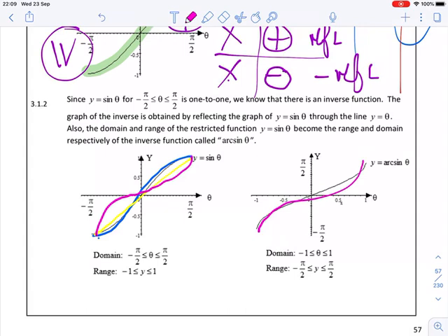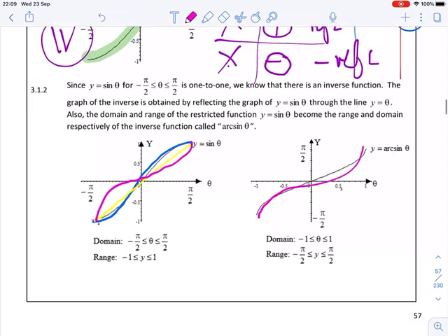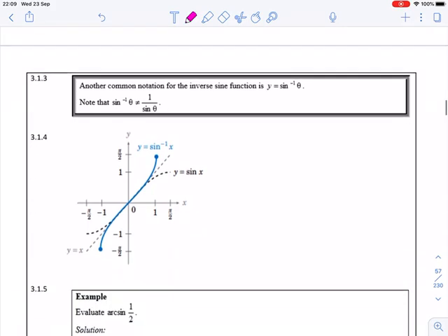The graph must show the correct direction, and the curve must be bending in the correct way. So be careful that you don't draw the blue graph and then just use minus pi over 2 and pi over 2 and minus 1 and 1, but you're actually drawing the blue graph. Because the blue graph is sine. The blue graph is not arcsine. So please make 100% sure of that. I also showed it here so that you can see how it must bend.